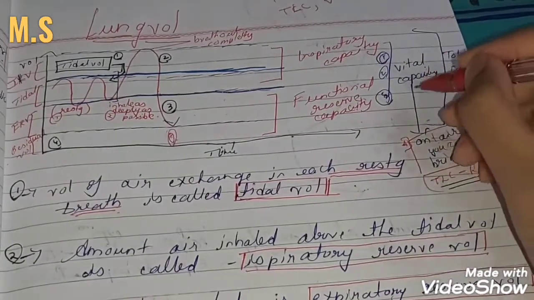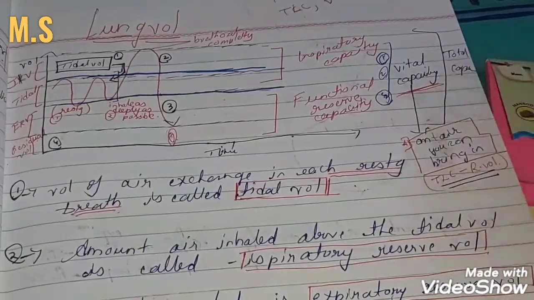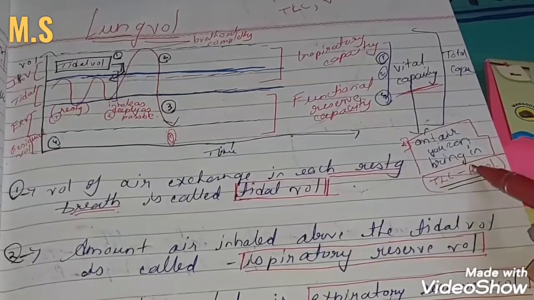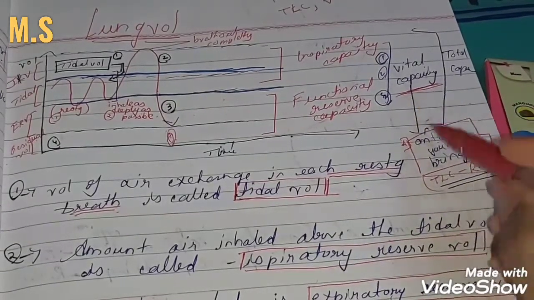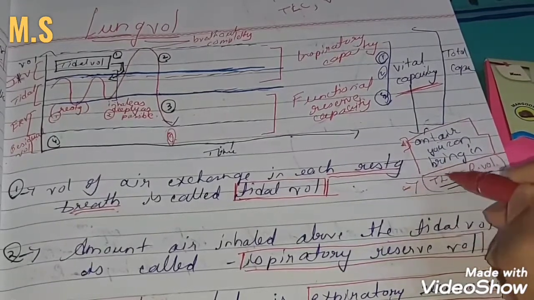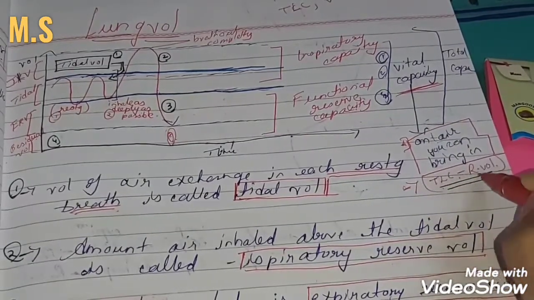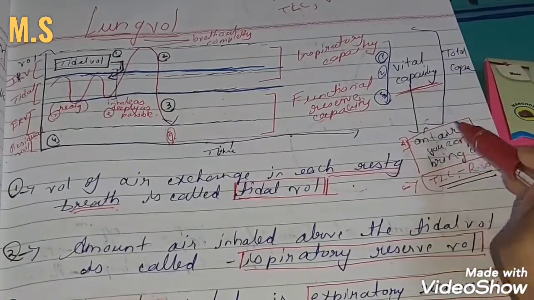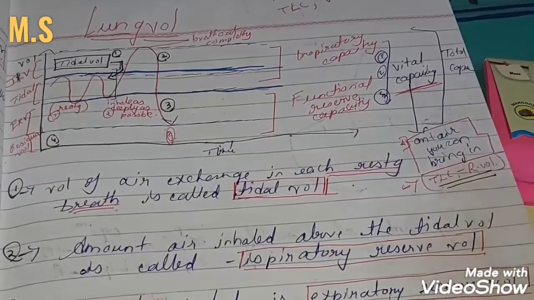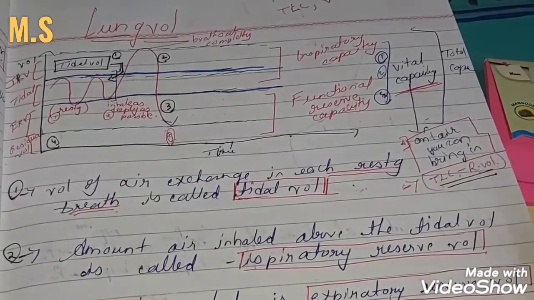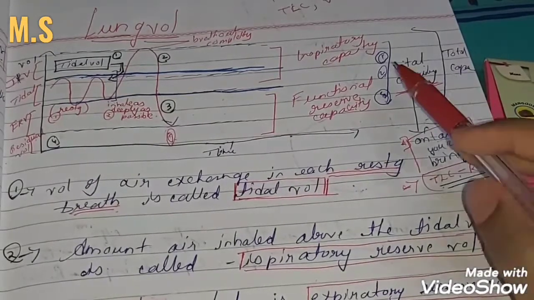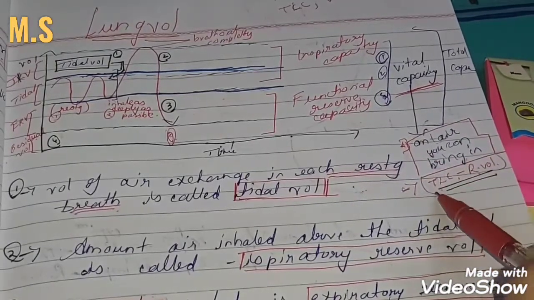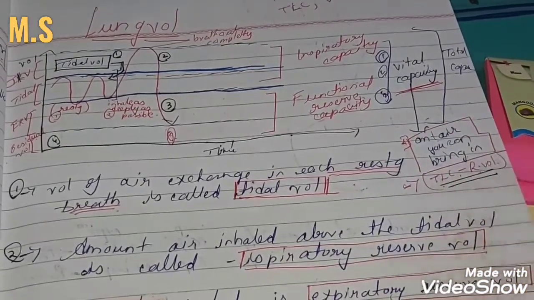And you have one more thing called vital capacity. It is the amount of air you can bring in, how much we can inhale, the maximum amount of air. To calculate vital capacity you apply this formula: total lung capacity minus the residual volume.